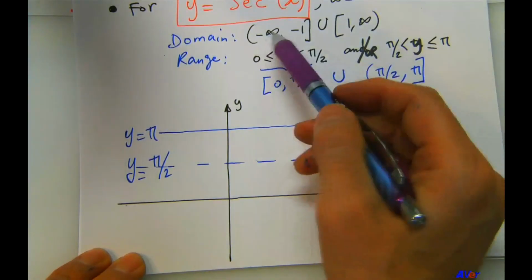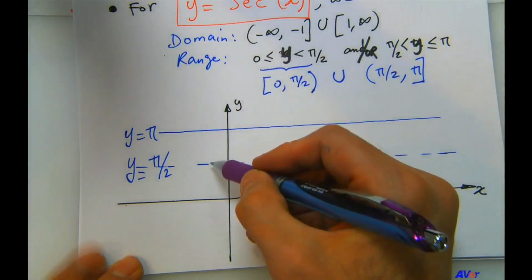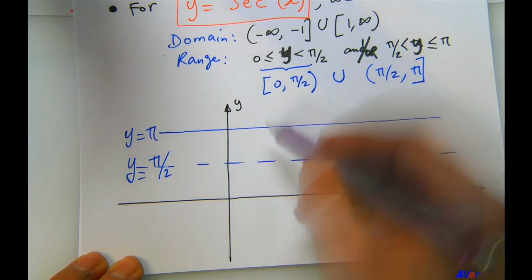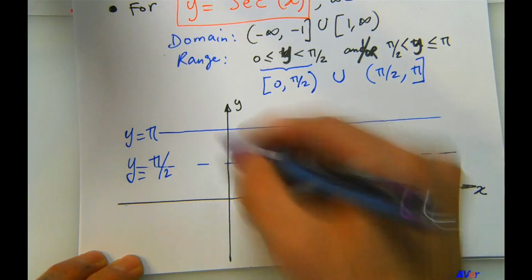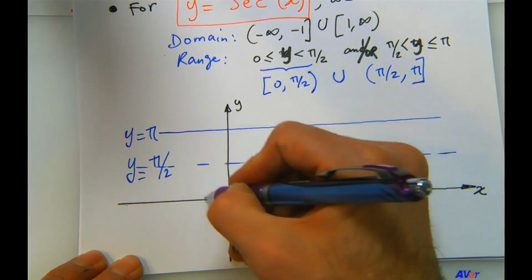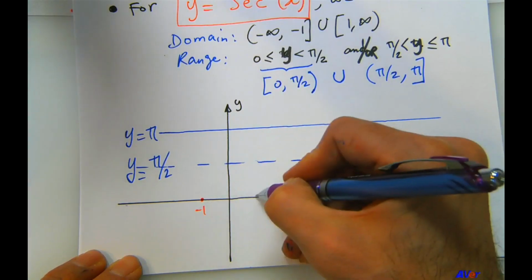For the domain, it would be -1 to infinity. So -1 is here, and 1 would be here.